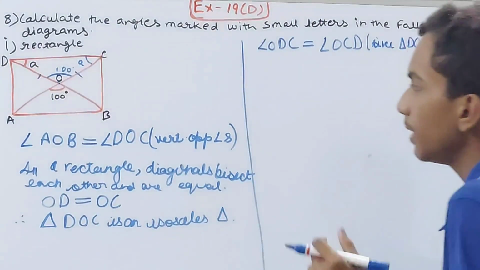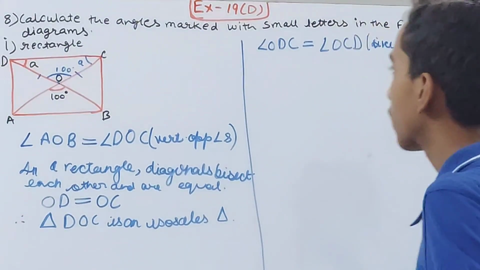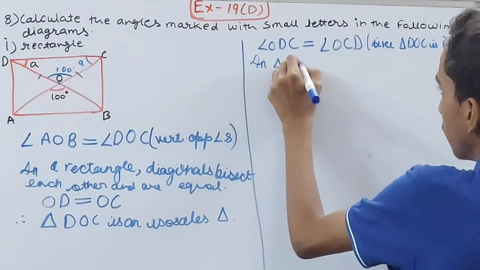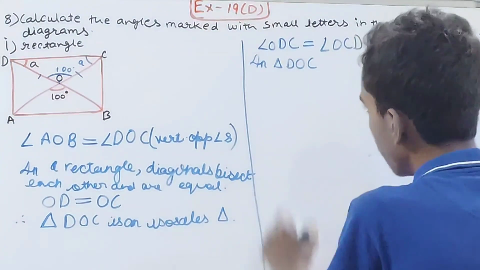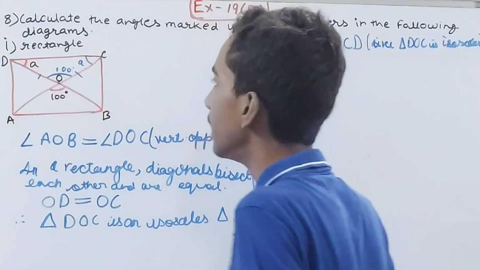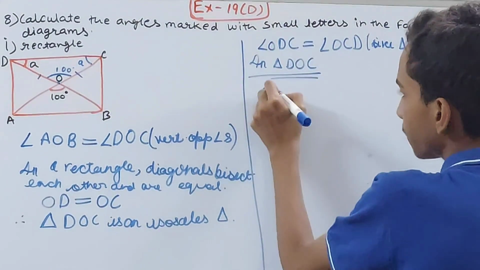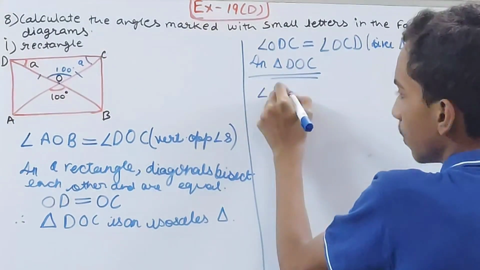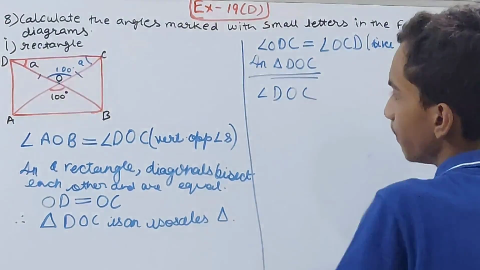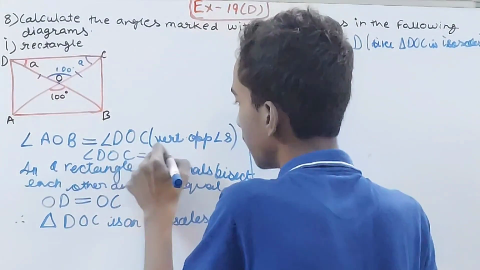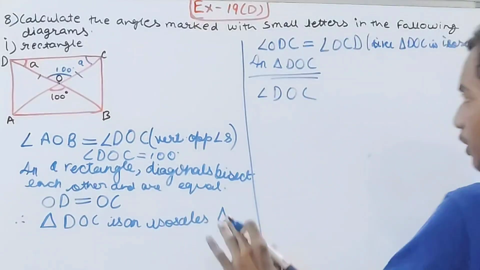Now we will use the angle sum property in triangle DOC. Shift the focus to only triangle DOC. Angle DOC will be equal to 100, it's just the continuation of this, you write that down.